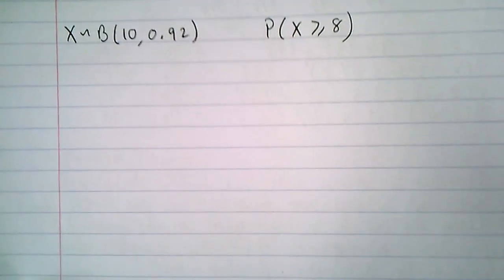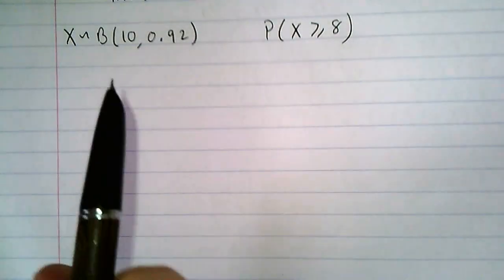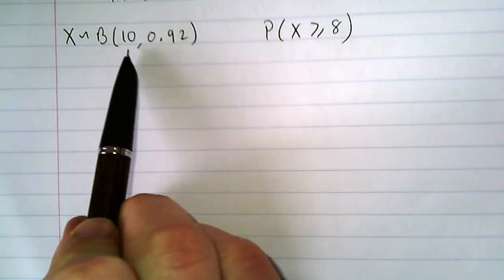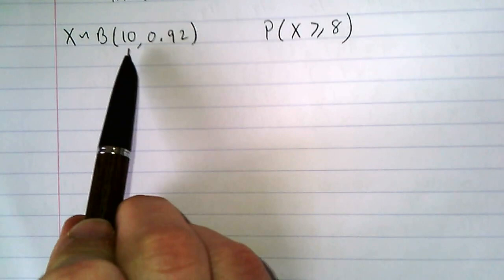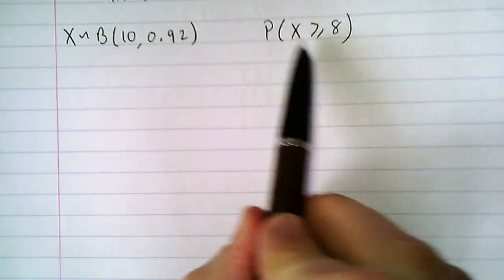I don't need any of the other spiel. I don't need to know that it's a drug trial. I don't need to know that 92% represents the drug success rate or anything like that. The only information I need is how many trials there are in total, the probability of success, and then this here is the question. This is what I want.